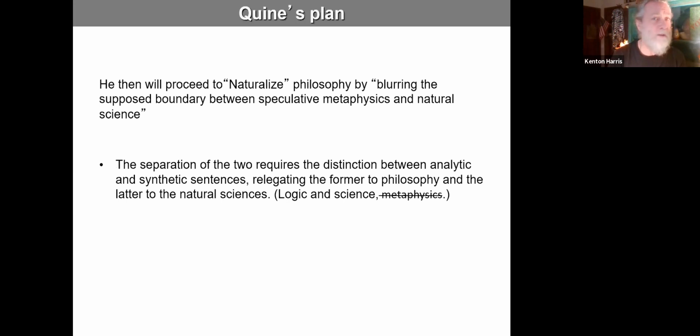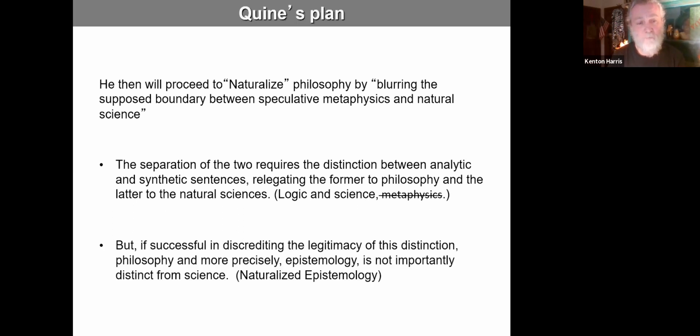Again, analytic being the logical tautologies and science being the natural sciences, and therefore metaphysics having no ground to stand on. But if that's not a legitimate separation, then perhaps metaphysics has a ground to stand on after all. If successful in discrediting the legitimacy of this distinction, philosophy, and more precisely epistemology, is not importantly distinct from science.